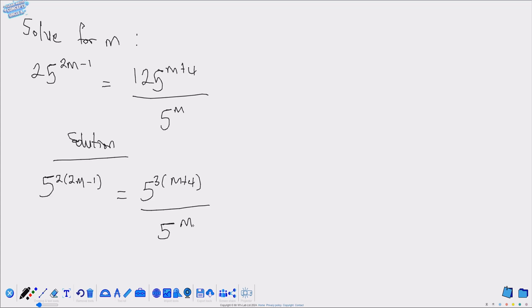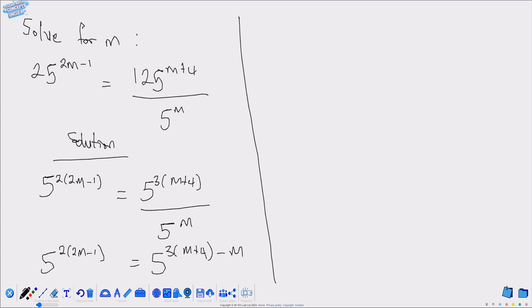Then 5 raised to m. So you can combine the right side. So you have 3m plus 4 minus m.